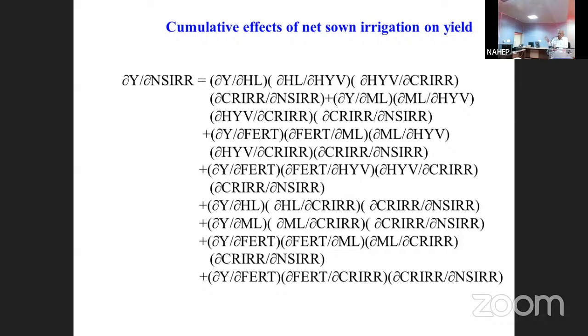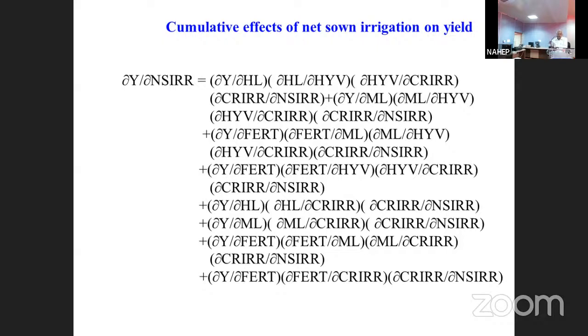It means you are getting how much yield increase through fertilizer from irrigation, how much is affected by machine labor, how much is affected by high-yielding varieties, how much by direct effect, and so on. So you sum up all, and that will be the total effect of irrigation on yield.